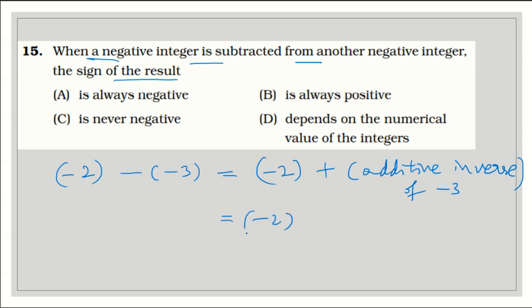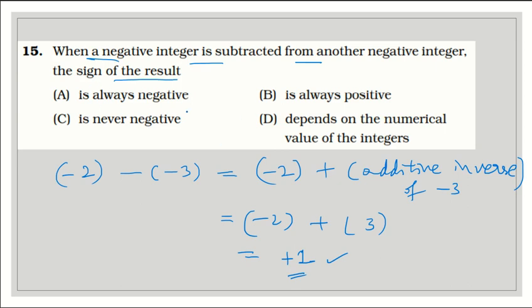So, minus 2 added to plus 3, it implies minus 2 plus 3, which is one way, adding one negative and another positive. So, the difference is 1. So, the greater number is 3 and its sign is plus. So, it is plus 1.